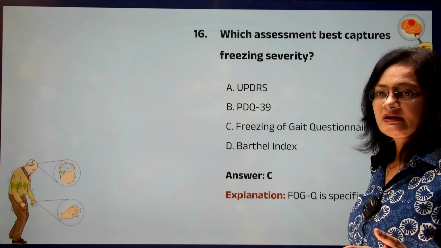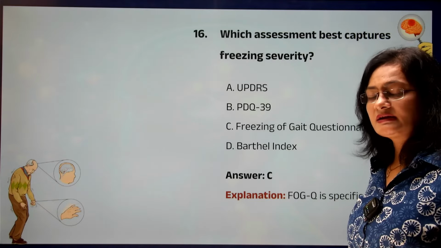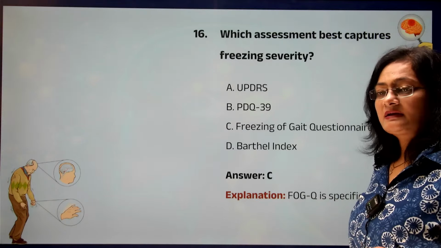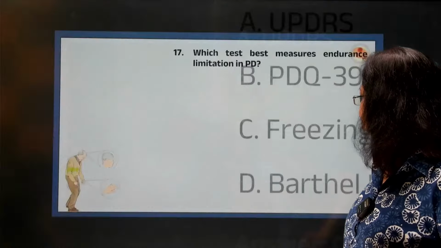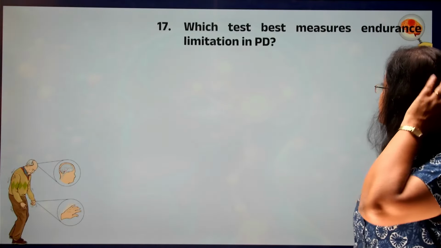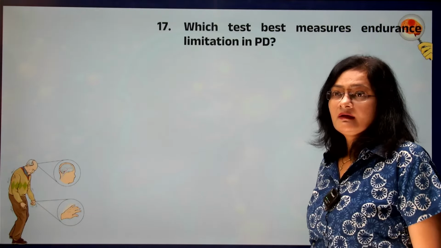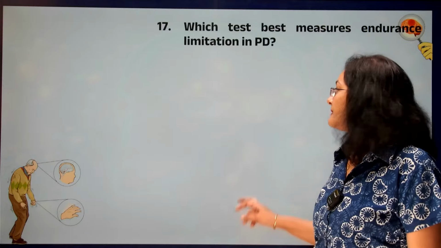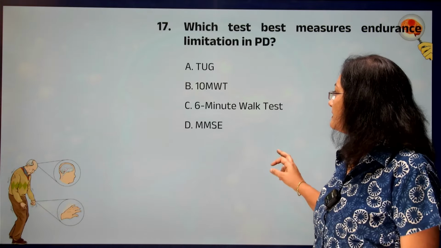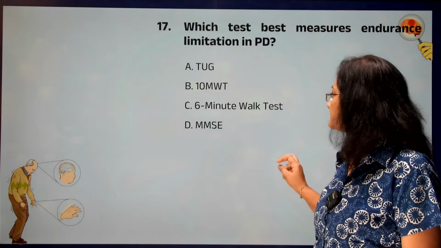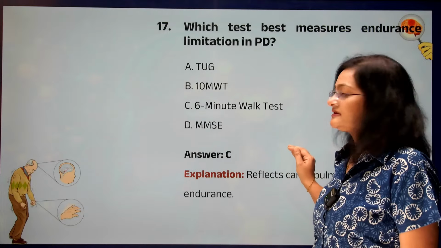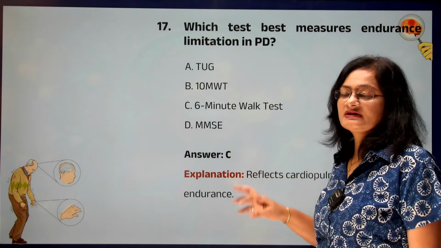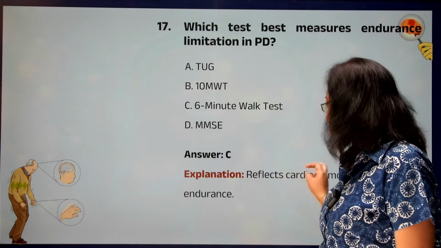UPDRS and PDQ-39 are Parkinson specific scales, and Barthel index is for the activities of daily living. Which test best measures the endurance limitation in Parkinson's disease? TUG, 10-meter walk test, 6-minute walk test, and MMSE. So the 6-minute walk test will be used to measure the endurance.